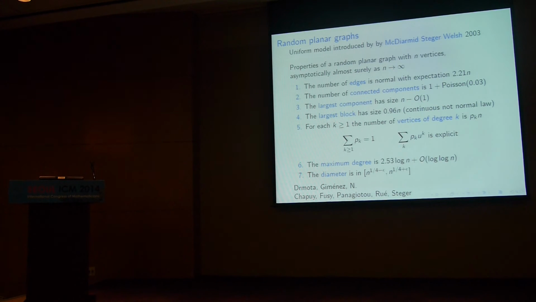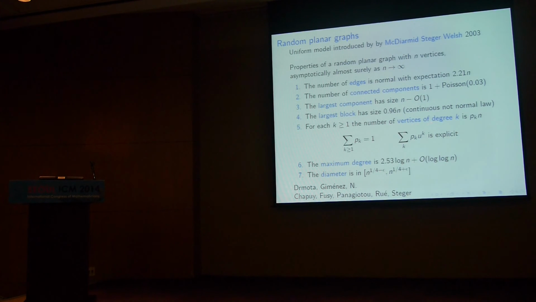The largest block, and here we have a phenomenon more similar to the largest component, is linear in size, almost surely. And it's interesting because the distribution of the largest block follows a continuous but not normal law related to the Airy function, with fluctuations of order n to the 2/3 instead of square root of n.